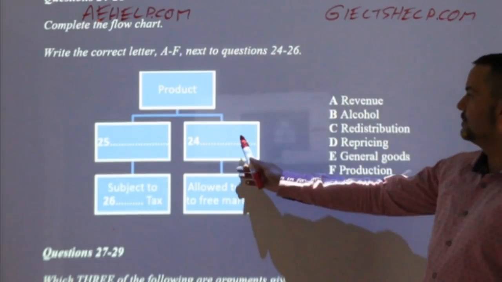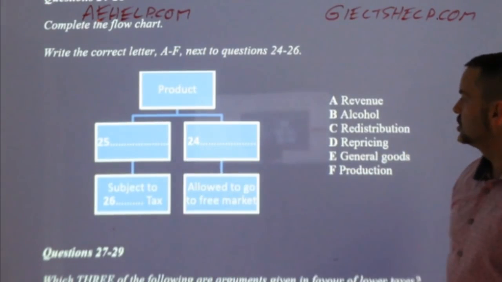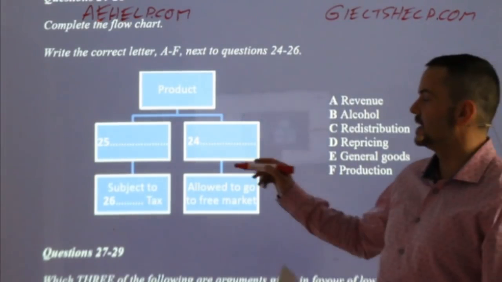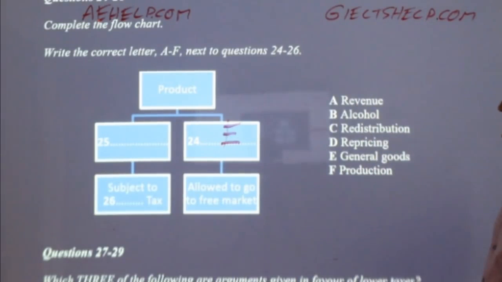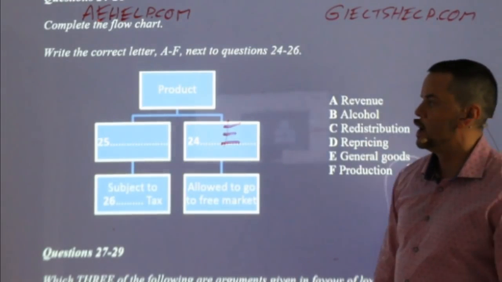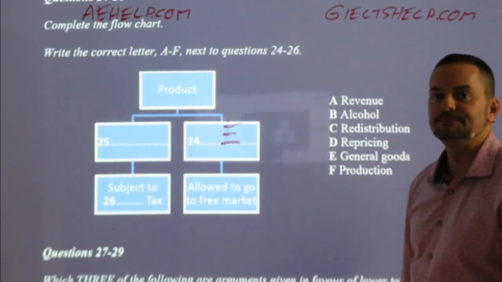All right, what is number 24? So allowed to go to the free market, number 24. General goods, a lot of you said E. E is correct. So general goods are allowed to go to the free market. What is not allowed to go to the free market? Number 25.